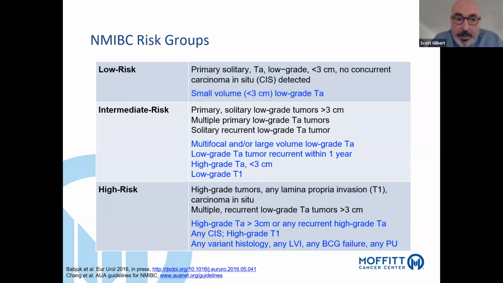And then high-risk tumors, and this is where we're going to focus the remainder of the talk, are high-grade tumors invasive into lamina propria, or large Ta tumors, variant histology tumors, any recurrent tumors that have not responded to BCG, and carcinoma in situ.